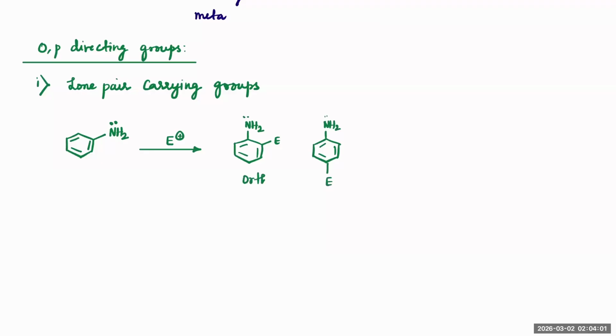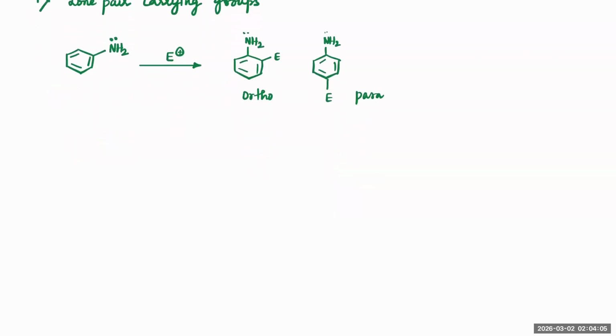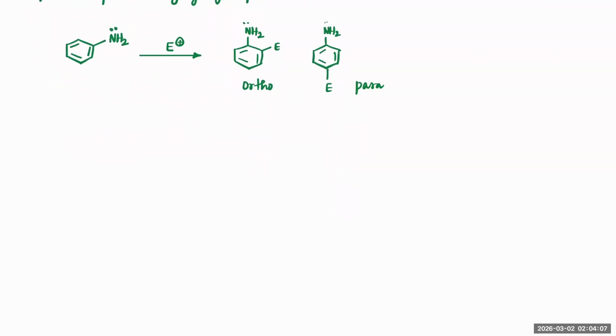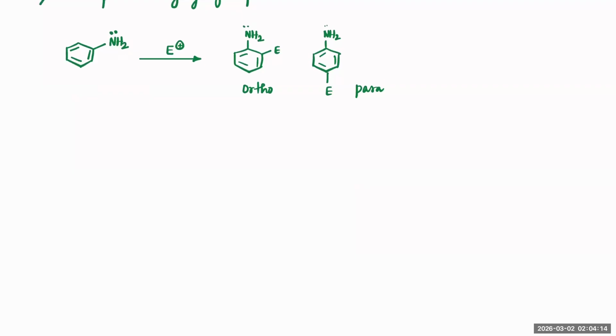At the 2 position you call this an ortho substitution, or this is para substitution. These are the two terms you must understand, ortho and para. Why is no meta forming here? Let us understand that through the mechanism.